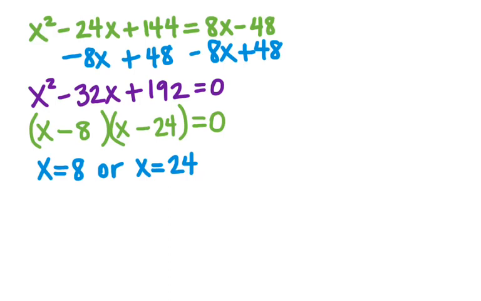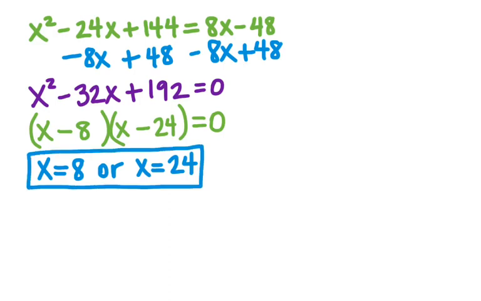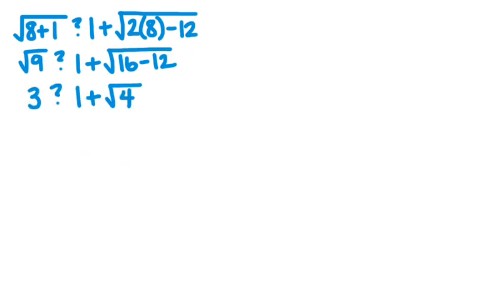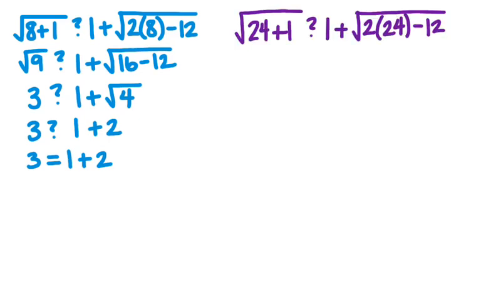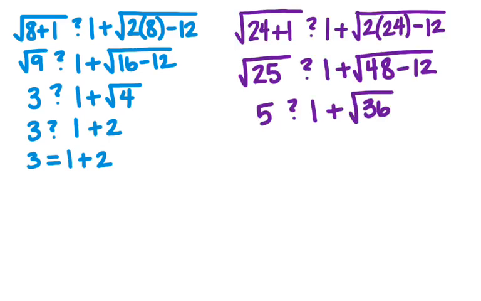So again, like example 3, you always want to plug back in and make sure that those solutions are valid. So I'm going to show you the work for both of these. So here's the work for plugging in 8, and I did get that 8 was a solution. When I plugged in 24, I got a false statement at the end.